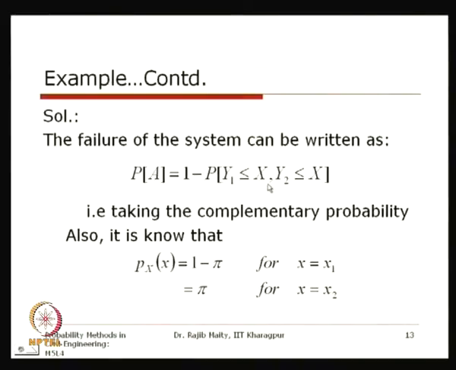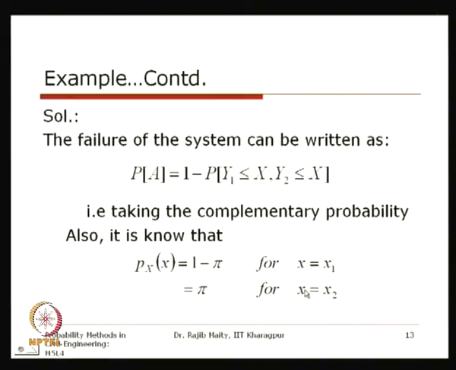Now, it is also known, so far as the distribution of x is concerned, that I told you it is a dichotomous variable, so it can take only two possible values, x1 and x2. In the problem, it is declared that the probability of facing such a situation, that is, when we are supplying the water through the alternative path, x2 being the supply, is π.